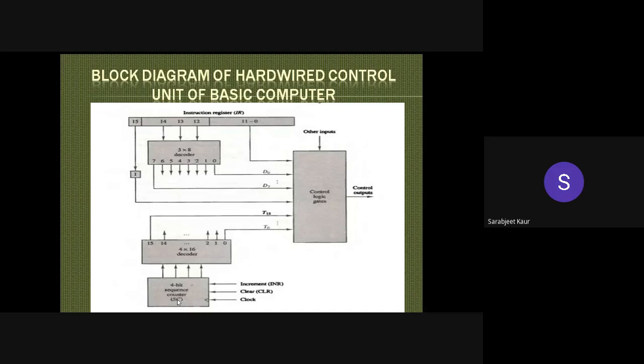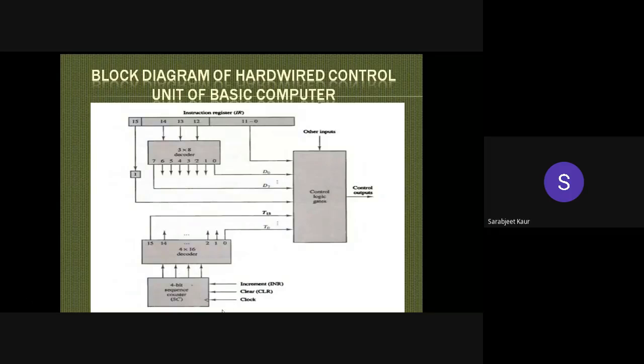So when I say that this is a 4-bit sequence counter, it means it generates the counting sequence 0000, 0001, 0010, 0011, 0100, and so on till 1111. Is this clear? Yes, ma'am. Okay, so that is the job of the sequence counter.